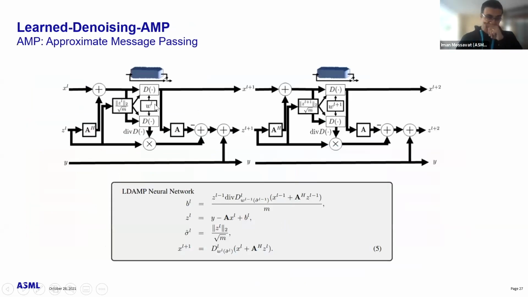This is an example of learned AMP. It's called approximate message passing. This is an algorithm that works on graphs, and people use that, Montanari actually, to build solvers for this L1 norm problem and prove a whole lot of very nice theoretical results.